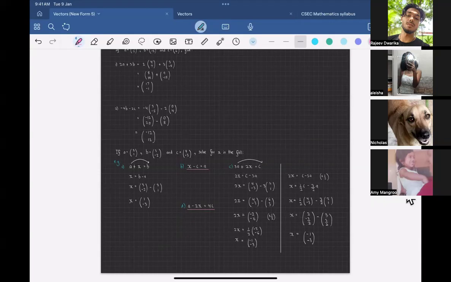You have to multiply by the number. So you got B correct.